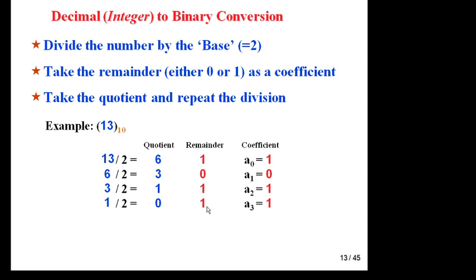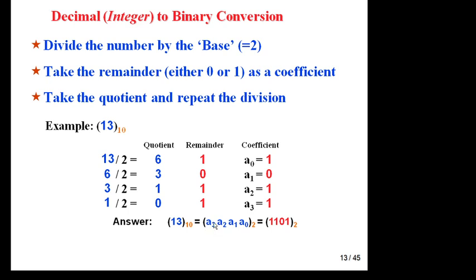Why are we taking them in reverse order? I am explaining for the integer part: the last remainder is the MSB, the most significant bit, because it has the highest positional weight. So we take the answer in reverse order, so it will be A3, A2, A1, A0.